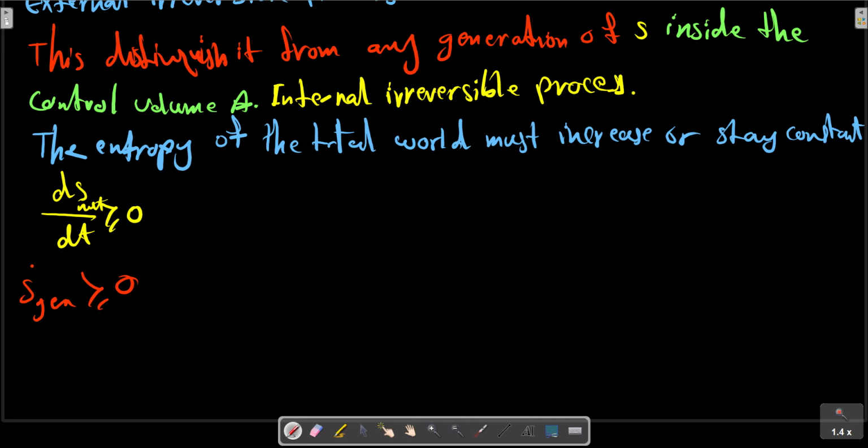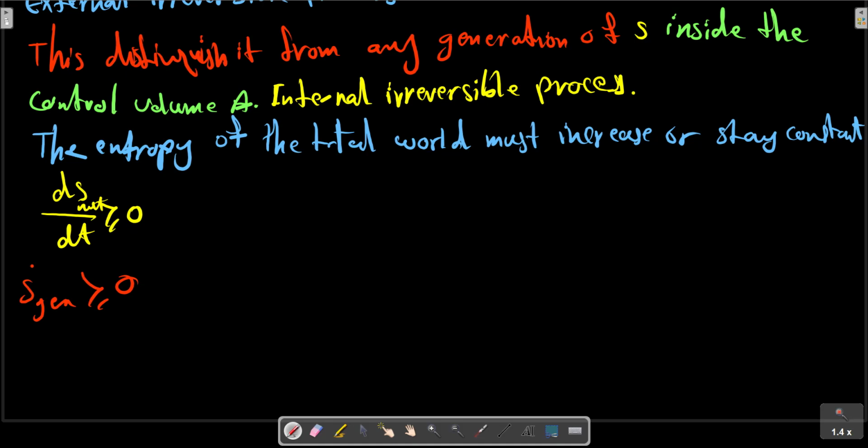Remember, this does not preclude that entropy for some mass decreases, as long as that is caused by a heat transfer out of the mass. That is, the negative storage is explained by a negative transfer term.